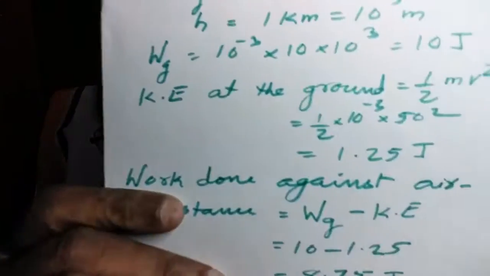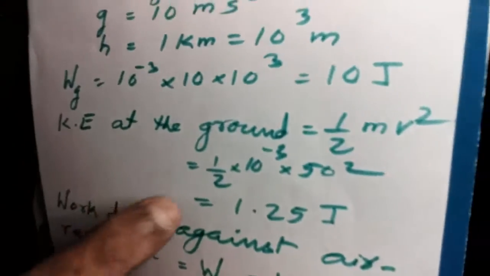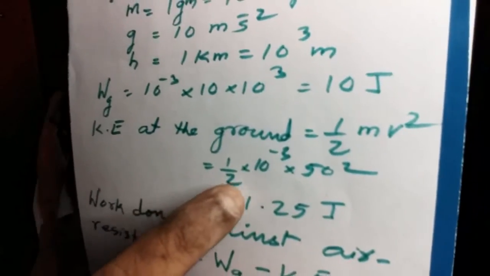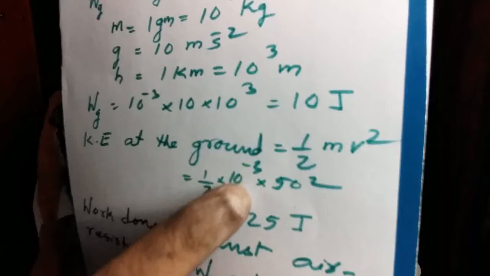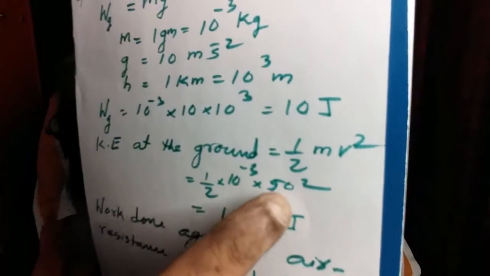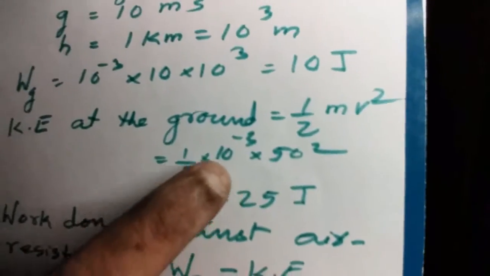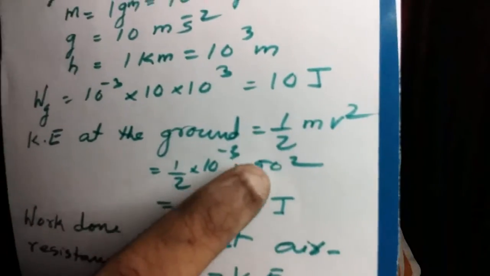Then when the drop comes to the ground, its velocity is 50 meter per second. So it has kinetic energy when it reaches the ground, and that kinetic energy is half mv square. That is half into m, 10 raised to minus 3 kilogram, into v square, 50 square.